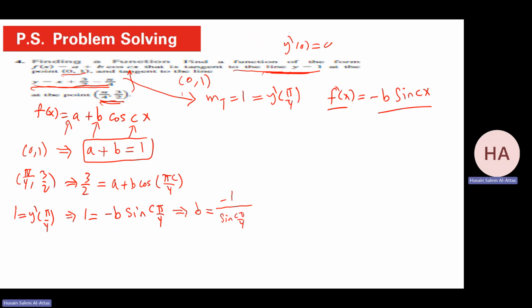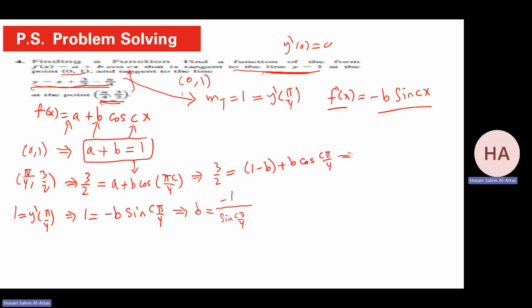And from there, A equals this. So I plug this in this one. I get 3 over 2 equals 1 minus b plus b cosine c pi over 4.